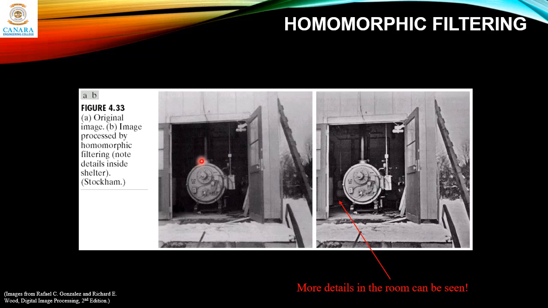But if you apply homomorphic filtering on this image, this is the result. In the background, you can see what's there in the room, and many objects are visible after the filtering. So this is the power of using homomorphic filters.